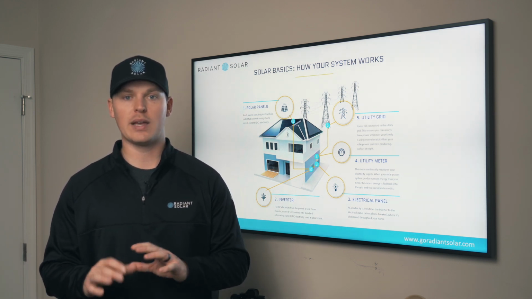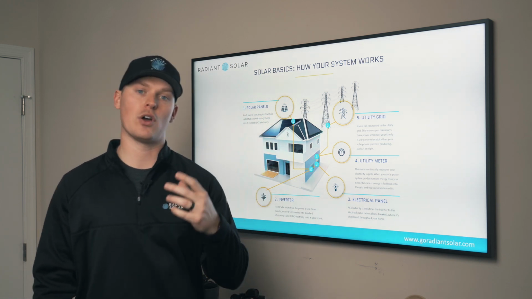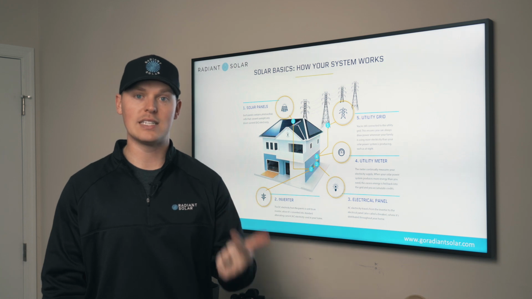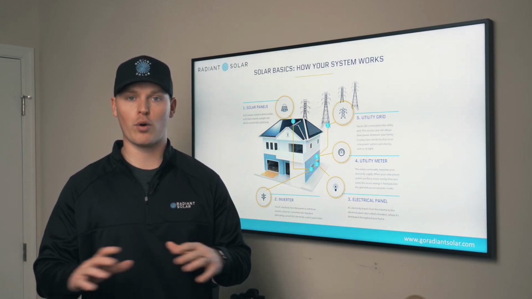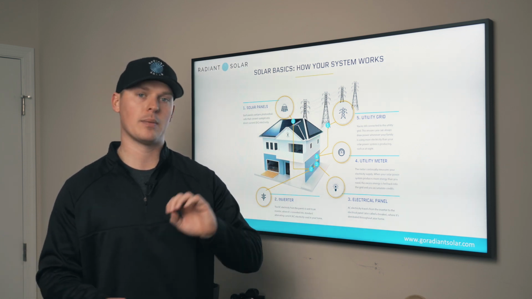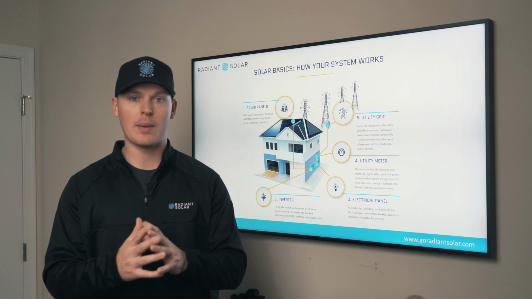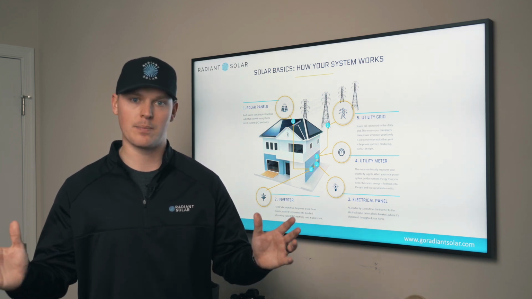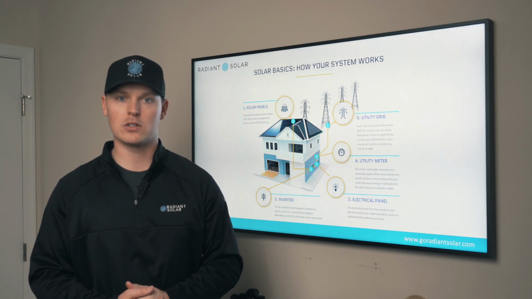The key benefit of both of those systems is that each panel on the roof will have its own microinverter or its own DC power optimizer, which will help mitigate risk if there's ever a performance issue, a shading problem, or a failure to one of the panels. That one panel's issues will not impact anything else in the system, which is a big benefit of the microinverters or DC power optimizers.